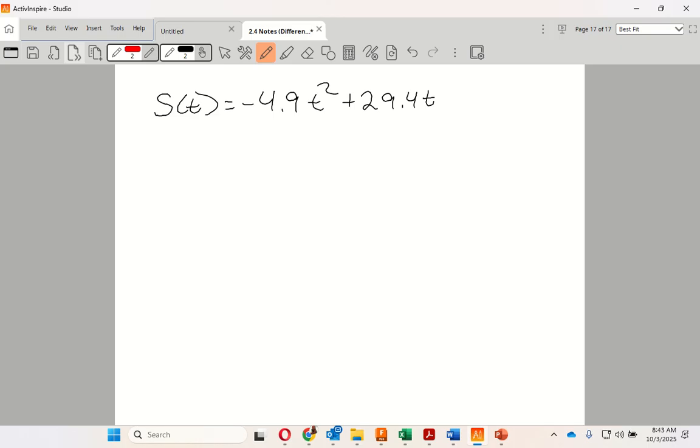Now I'm going to find the velocity. So instead of saying s prime, you could write it as velocity, v of t, which is the same as saying s prime of t. It's the same thing. And this is going to give me negative 9.8 t plus 29.4.